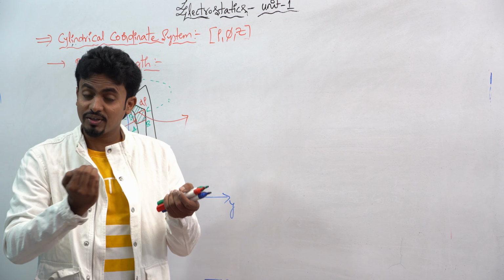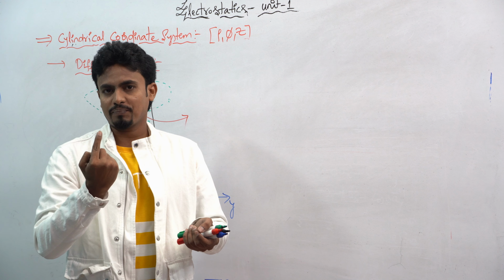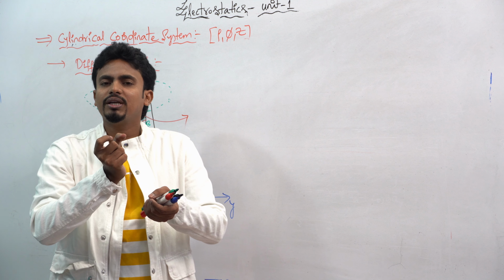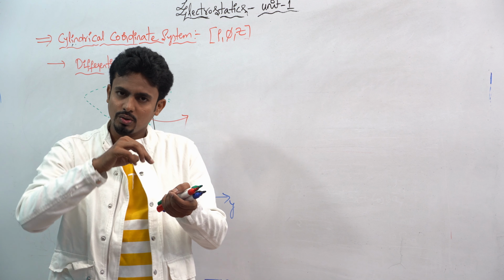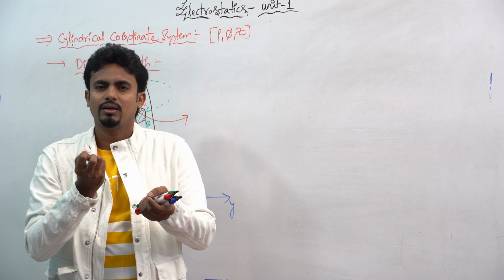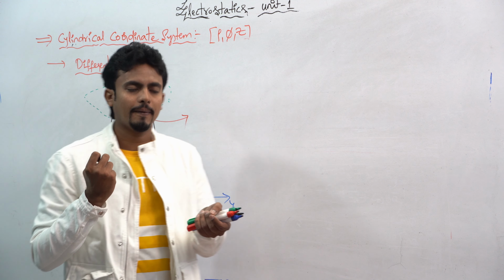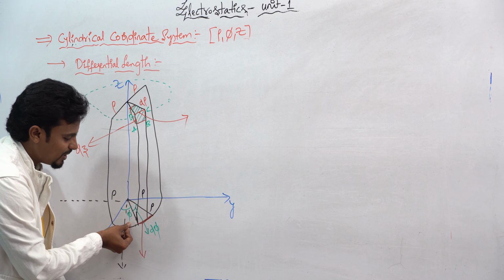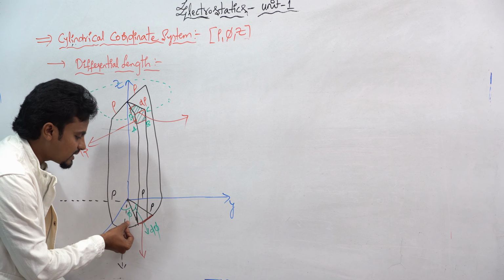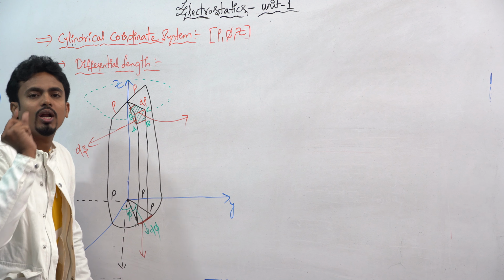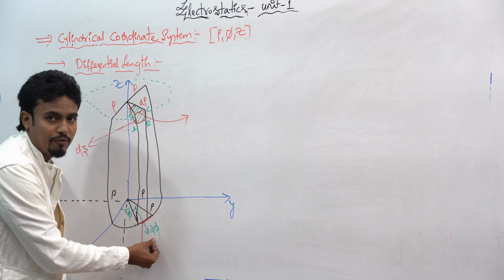But for the differential, you can't consider the full rotation. Phi is the original angle; if you want to take some small part of it, that will become d phi.